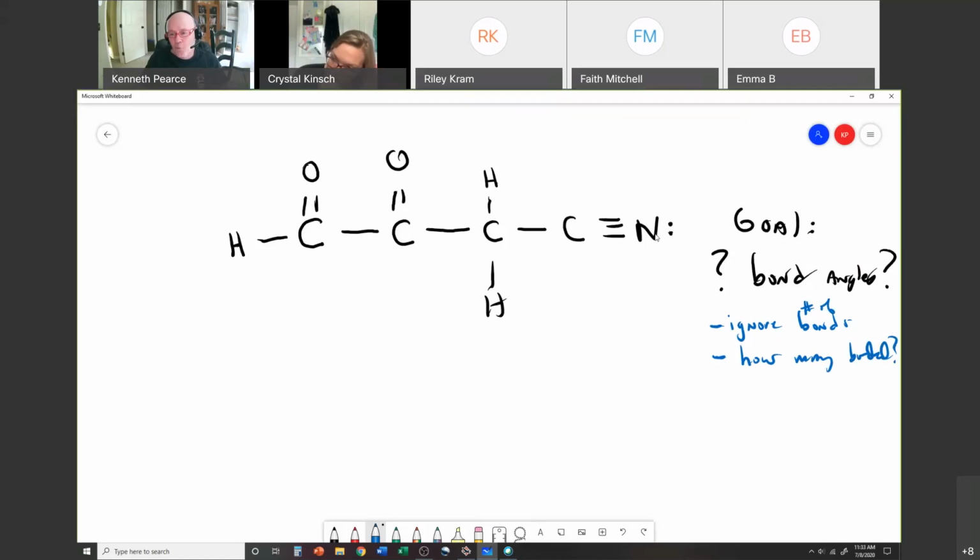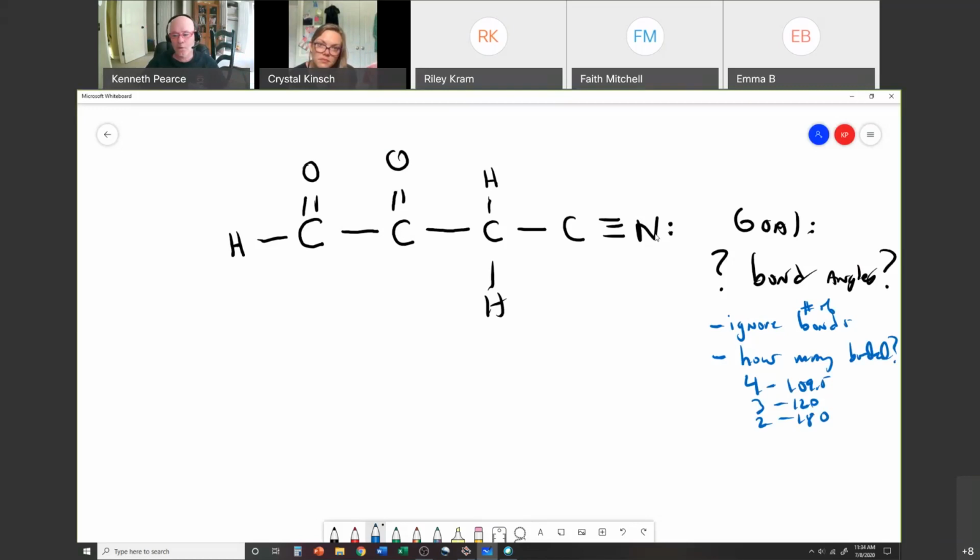If we have 4 things bonded, it's 109 and a half. If we have 3, it's 120. And if we have 2, it's 180. This goes back to page 350. You have so many domains, here's the bond angle.